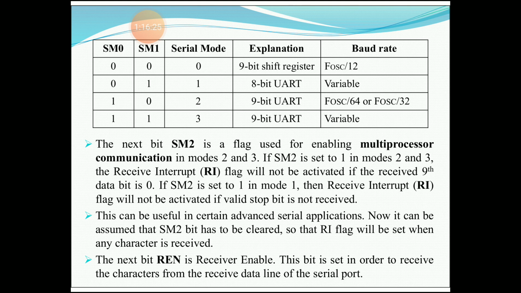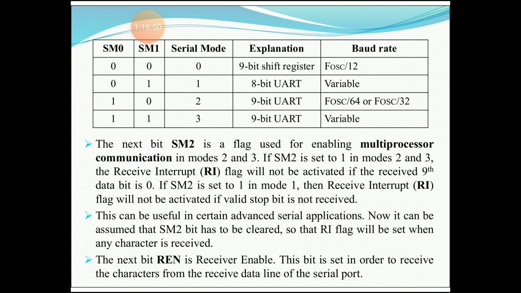And the 2 bits 0, 1, mode 1 is selected. In mode 1, the serial port acts as 8-bit UART. In this mode, the baud rate is variable. And when these 2 bits become 1, 0, mode 2 is selected. In mode 2, the serial port acts as 9-bit UART.